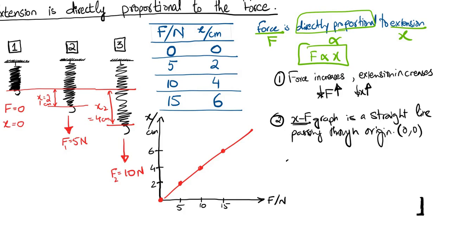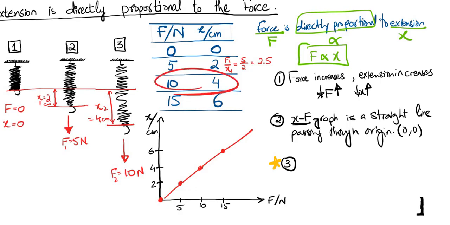तीसरा सबसे important implication directly proportional का जो है, which we will use to solve questions, और वो ये है कि if I divide this value of force 5 Newton with the extension, let's say force divided by extension, और क्योंकि ये first values हैं, F1 divided by extension 1, x1, equals 5 divided by 2 equals 2.5.